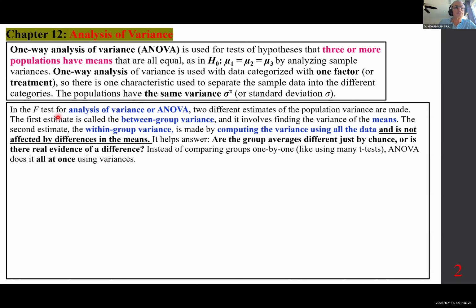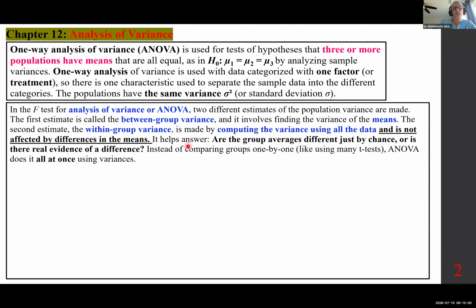In the F test for analysis of variance, or ANOVA, 2 different estimates of the population variances are made. The first estimate is called between group variance, and it involves finding the variance of the means. The second estimate, the within group variance, is made by computing the variance using all the data, and it's not affected by differences in the means.